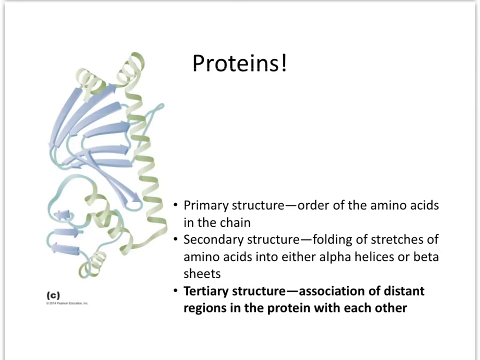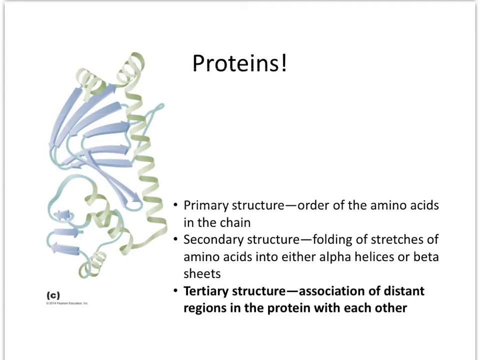The tertiary structure is going to be held together by hydrogen bonds, which we talked about in the first part of Chapter 2. These are very weak bonds that are caused by the association between hydrogen atoms and oxygen atoms that may be very distant from one another on the overall amino acid sequence, but because of the way the protein has folded, are brought into close proximity to one another.